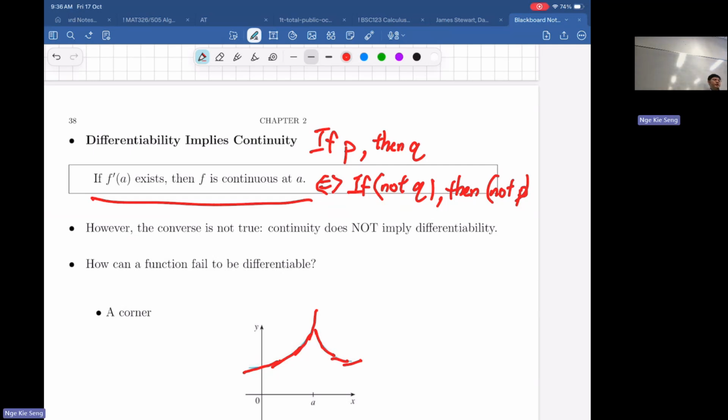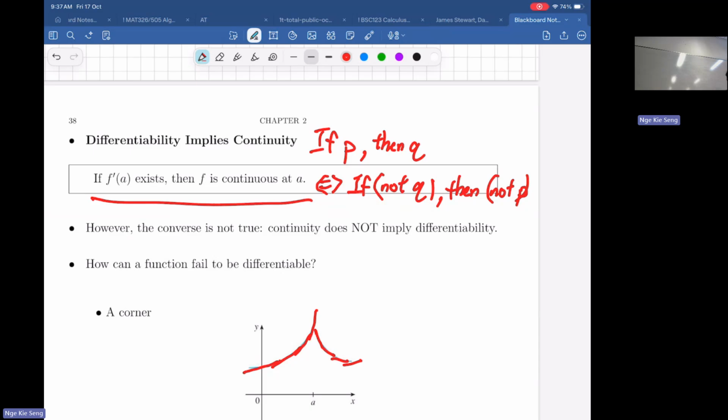For example, if I get a good result, I will treat myself to KFC. If I don't treat myself to KFC, that means I didn't get a good result. True or not? Because if I get a good result, I will treat myself to KFC. So if you see that I don't treat myself to KFC, that means I didn't get a good result.